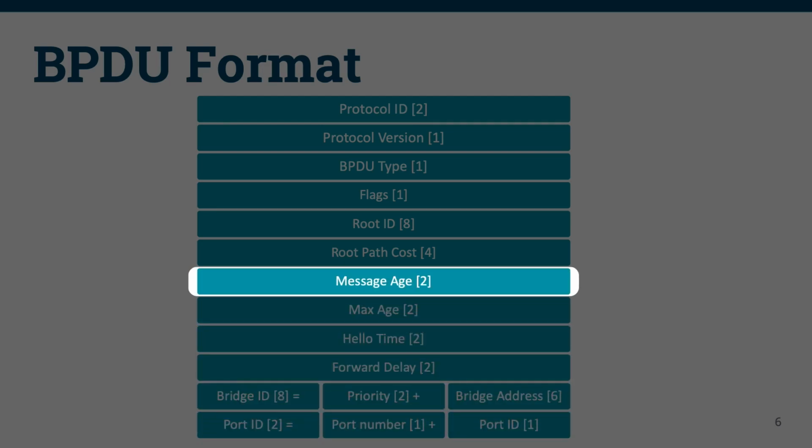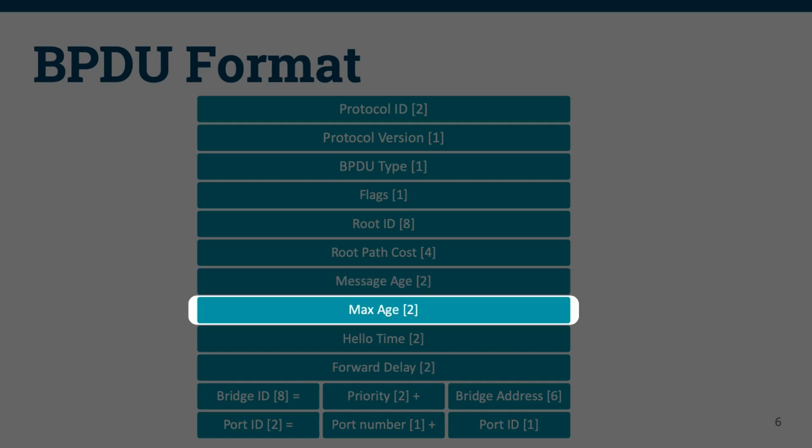The message age is the age of the configuration BPDU while it propagates through the network, where the max age is the maximum time the receiving switch should store the information in the configuration BPDU before it expires. This aging mechanism is what allows for STP to reconverge automatically if the root stops responding while the physical interfaces remain up.